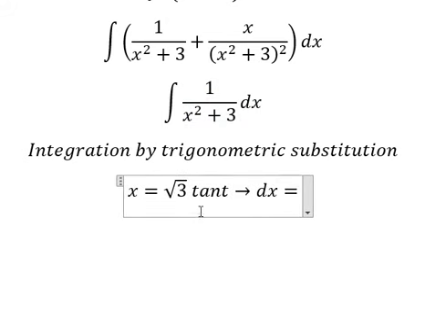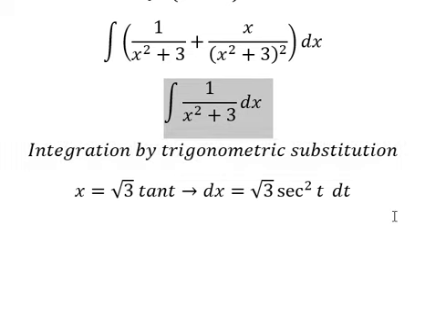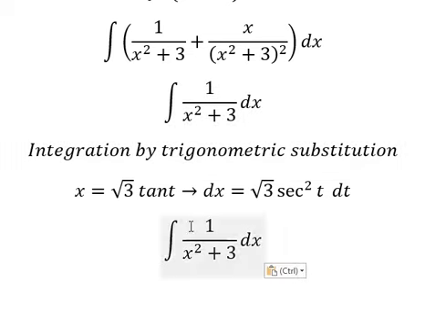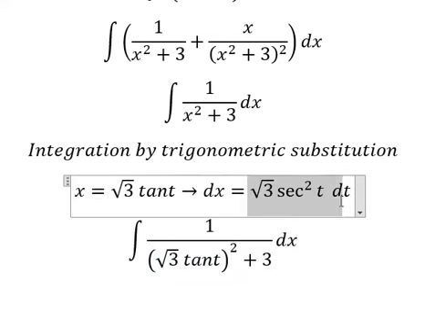Now we do the first derivative for both sides, and you get the square root of number 3 secant of t square dt. So this one we put in here. Dx we change by this one.